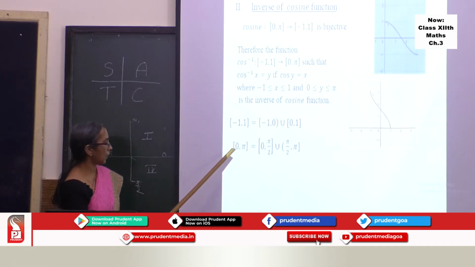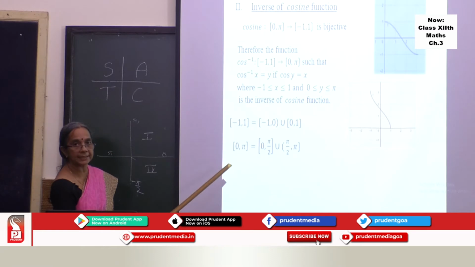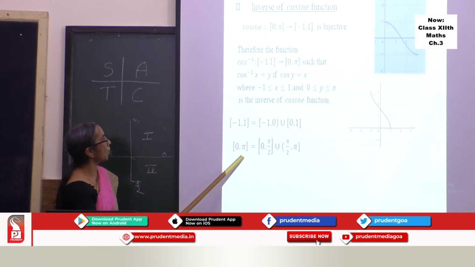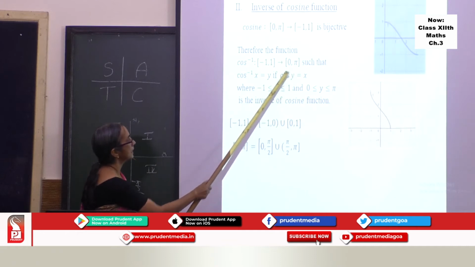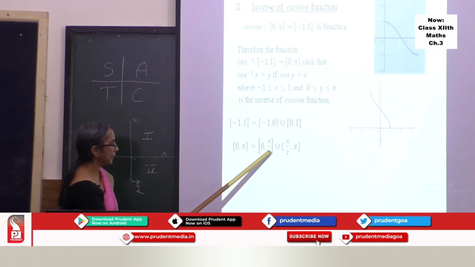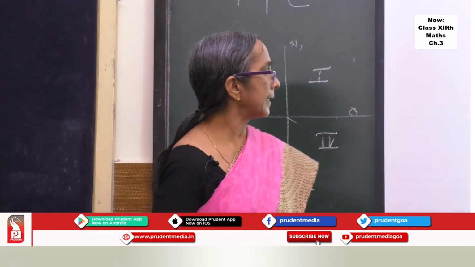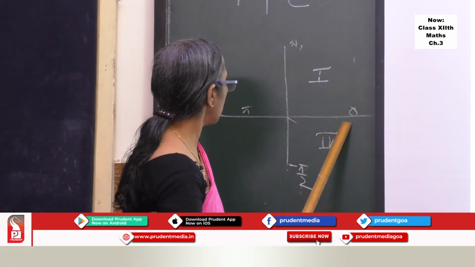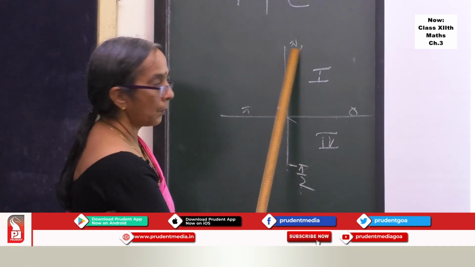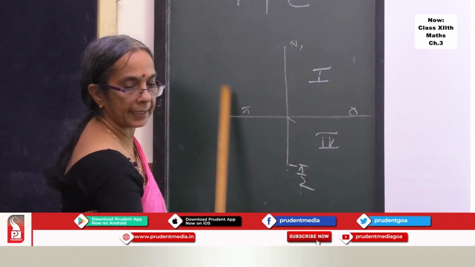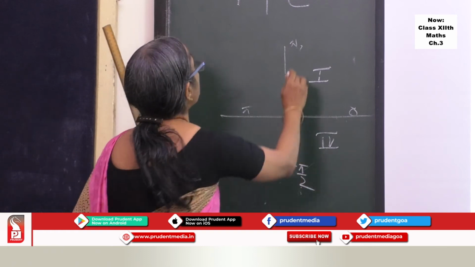Here the codomain or range, since it is bijective I can call it range, of the function is different: 0 to pi by 2 and pi by 2 to pi. We break it like this, 0 to pi by 2, pi by 2 to pi.